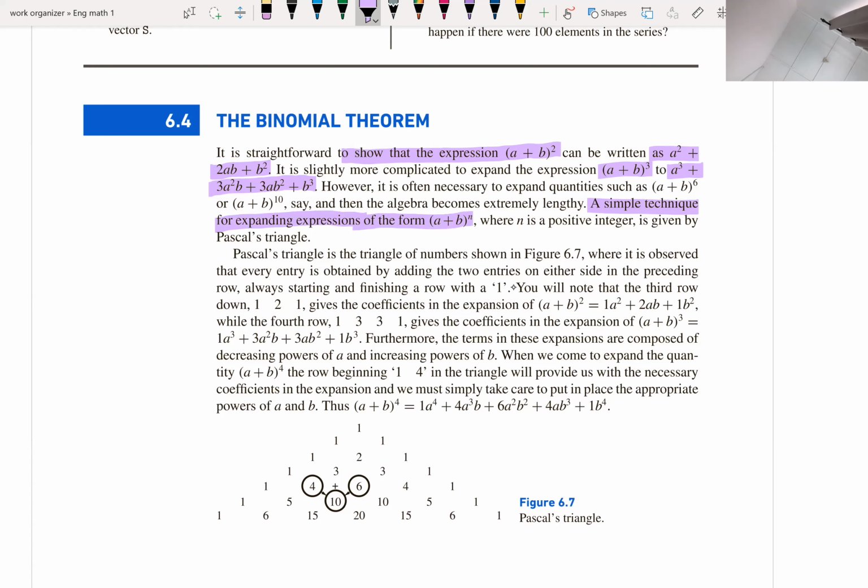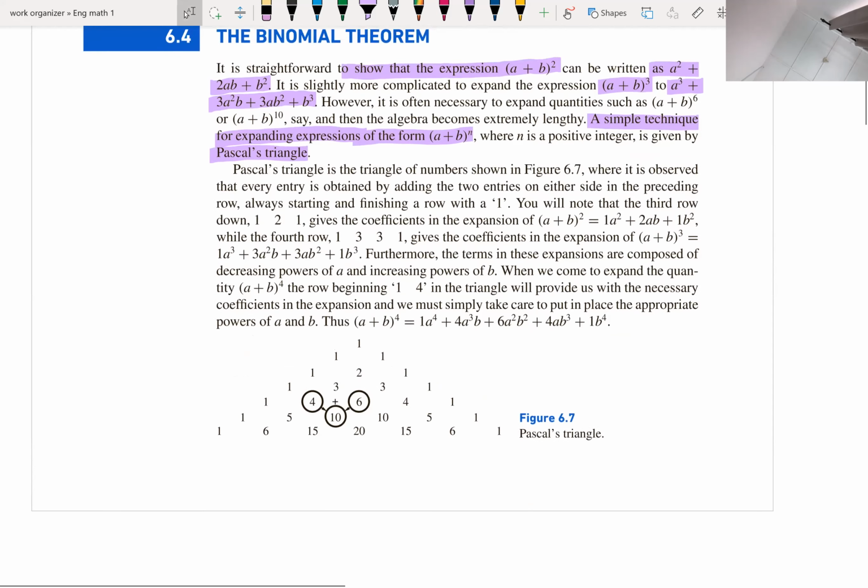We can use Pascal's triangle. This is the Pascal triangle.